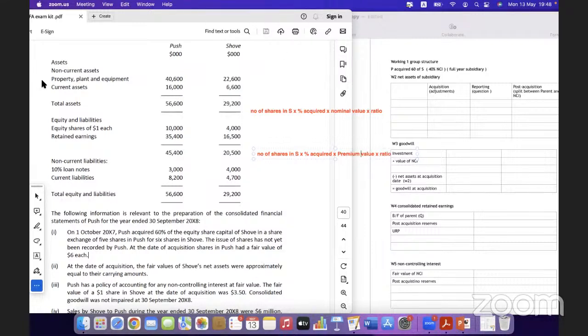So the working will go this way. Number of shares 4,000, here also 4,000. Percentage acquired 60%, here also 60%. Multiply by nominal value 1, here premium value 5. And then the ratio will be none other than 5/6, here also 5/6.